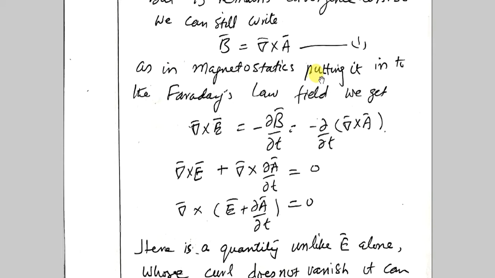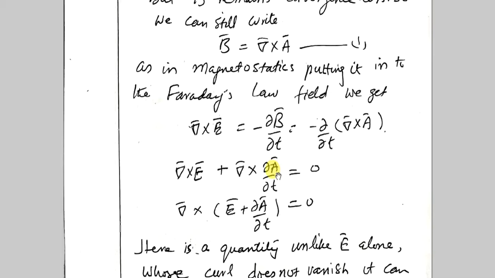As in magnetostatics, putting it into Faraday's law, we get curl of E is equal to minus delta B by delta T, which is equal to minus delta by delta T of curl of A. Further rearranging this expression, the only variation taking place is in A, the magnetic vector potential.